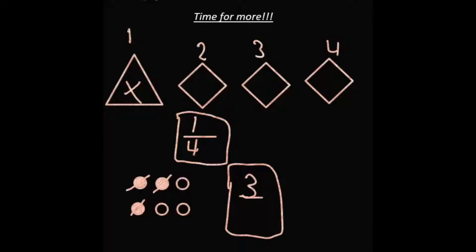To find our denominator, we have to count the total amount of circles. So 1, 2, 3, 4, 5, and 6. So we have a denominator of 6. And this is equal to 1/2, because 3 is half of 6.